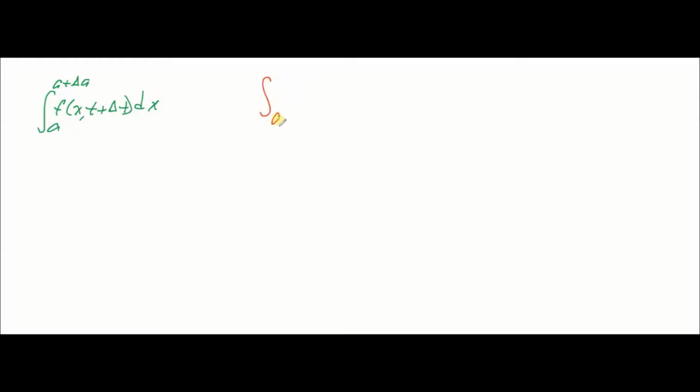We know that if you have some integral, so I'm just doing an example with a single variable integral here. We know when we take an integral, we can express that as we take the antiderivative at b minus the antiderivative at a, and that is equal to this integral. So we'll end up using that.